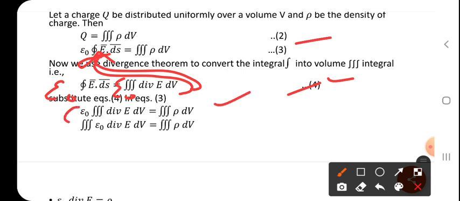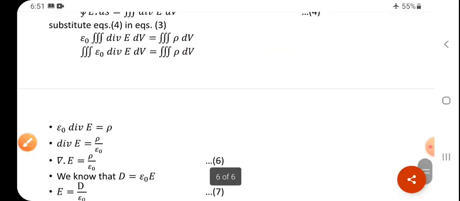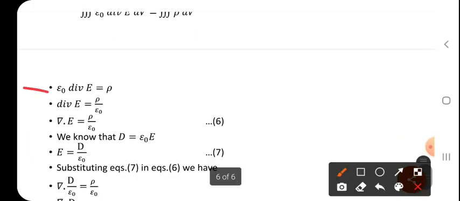Inside, this is a triple integral over volume. What is the difference? In the place of rho we have epsilon naught div E, so we write rho is equal to epsilon naught div E. Now see, next, epsilon naught div E is equal to rho.